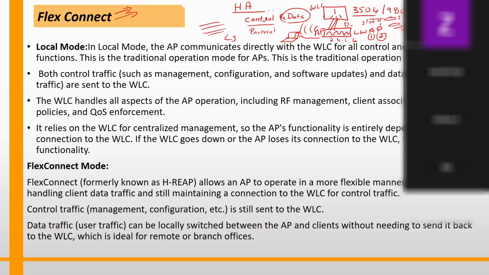What is it going to lose? Obviously the mobility management and the RRM, that will not happen because the brain is down, right? Only the access point remains in that particular situation, and it is going to serve the client and switch the data traffic.